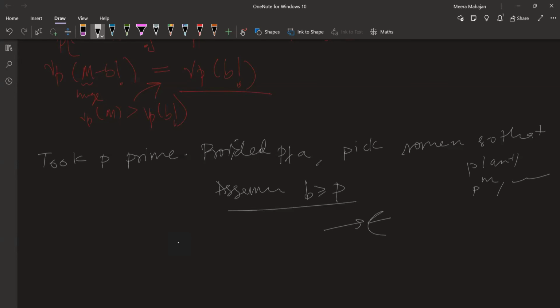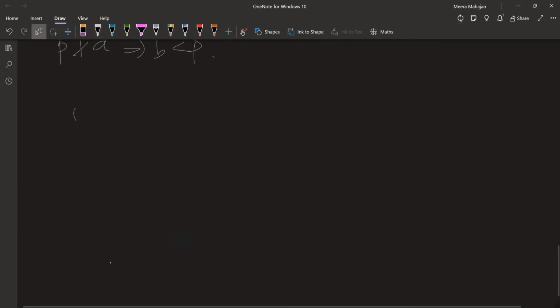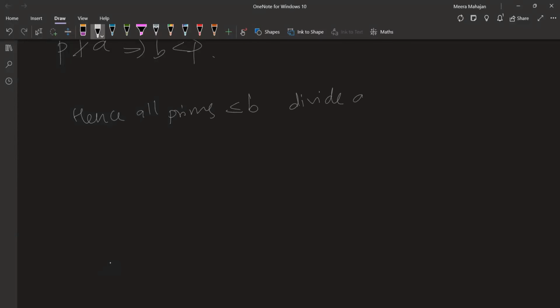And hence this assumption is wrong, and hence if p does not divide a, that implies b is smaller than p, which means that all primes at most b divide it. Is this clear?